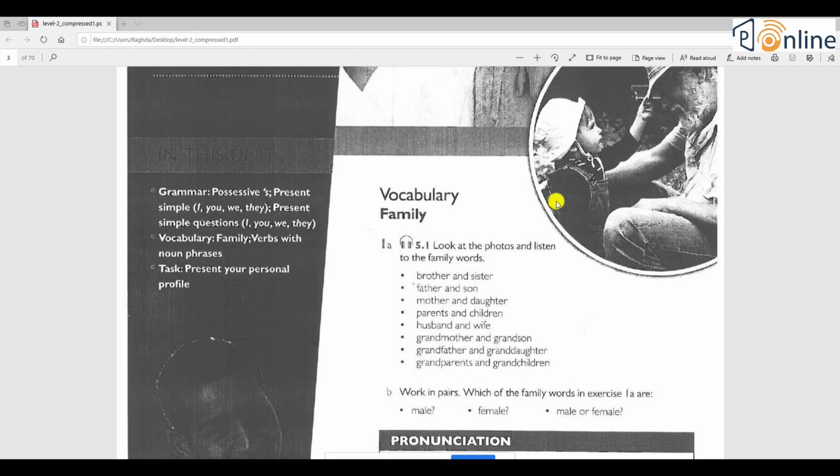You will be able to say your hobbies, your favorite place to go, your favorite activities, anything related to your personal profile. Personal profile means describing yourselves.